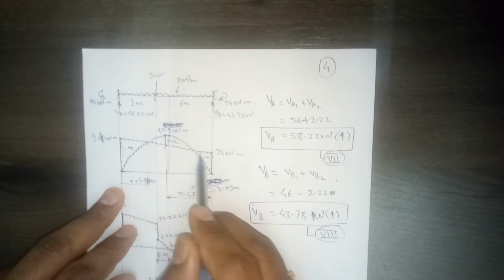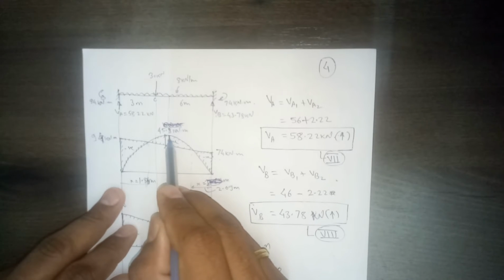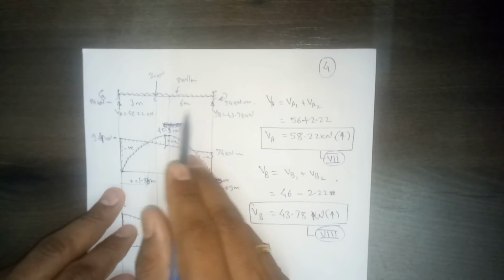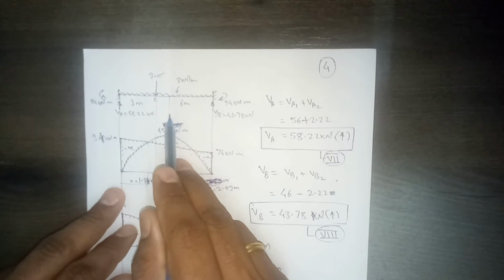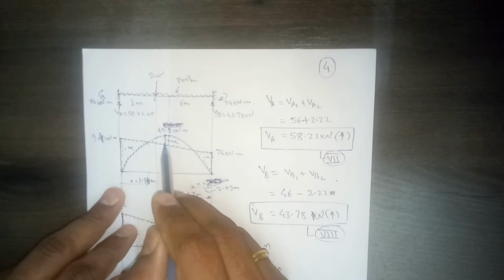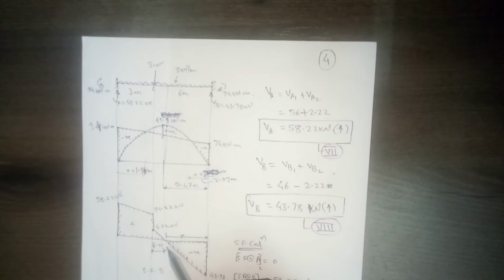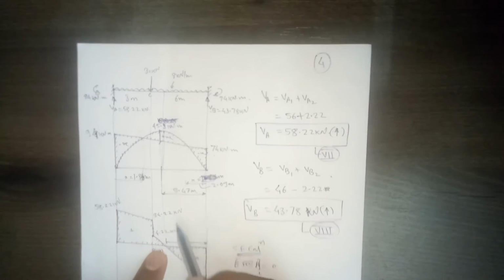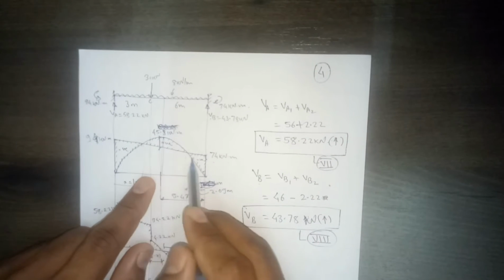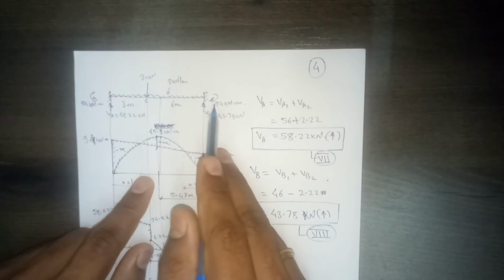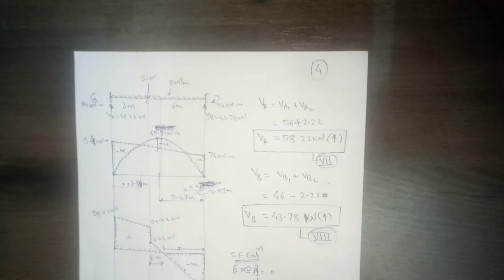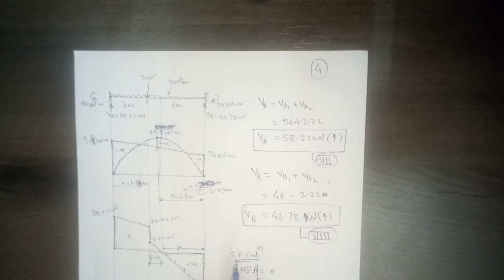No doubt for this parabolic portion we already know where the maximum was. It was some 5.75 meter from this end, but now we need to calculate where it will be. Either you can calculate from the shear force diagram, or you may again write down the equation of Mx considering this moment, and then differentiate it.